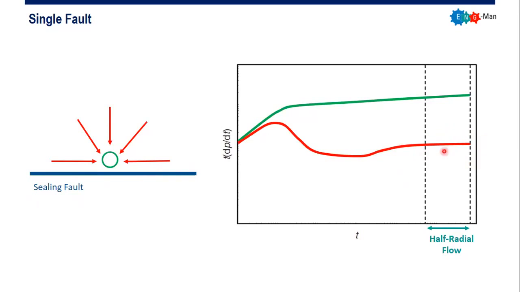This stabilized region indicates our half radial flow. That's the basic concept: you flow under half radial flow regime if you have a sealing fault, in this case, a single sealing fault.